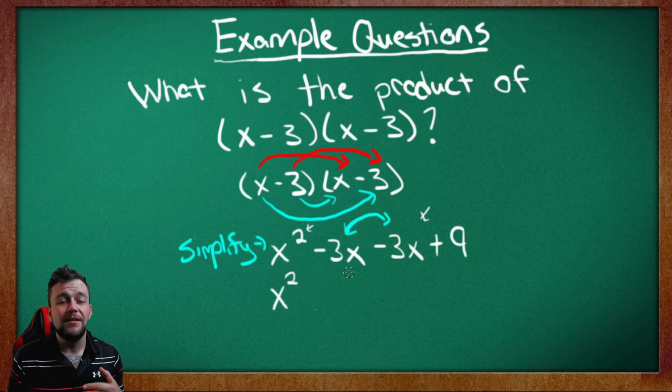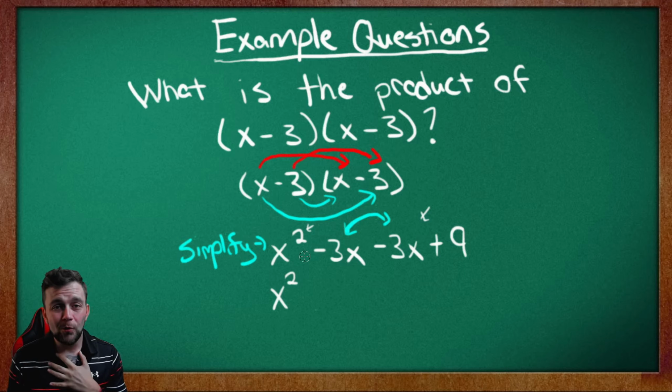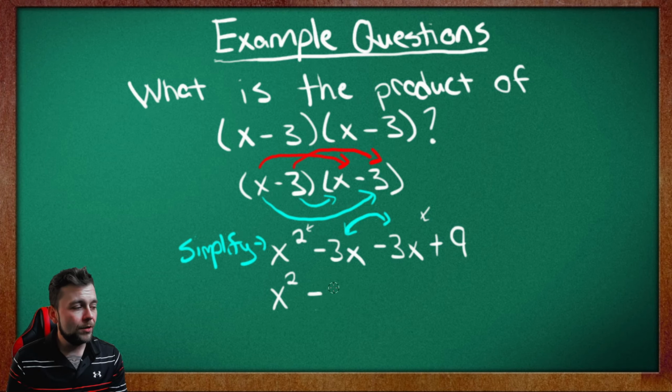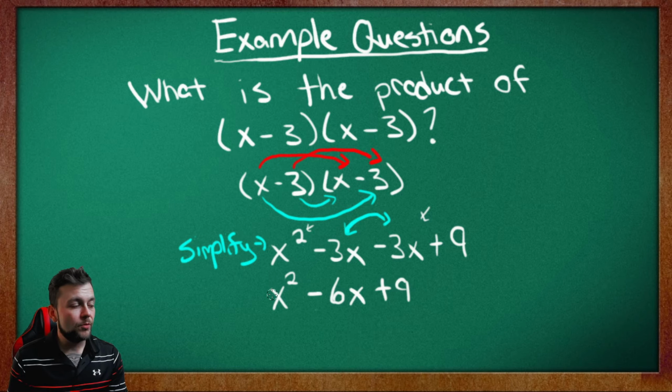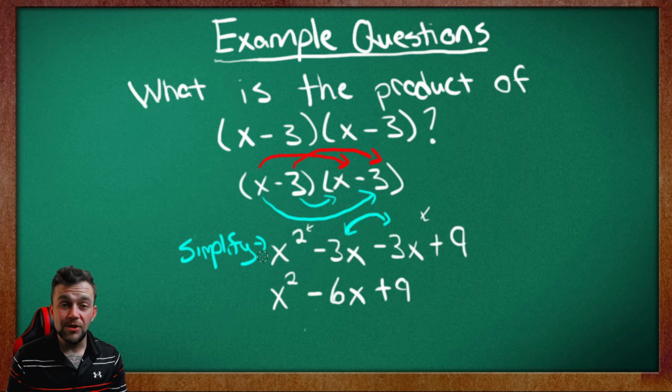Think more debt, right? If I came up to you and said, hey, you owe me $3, and you already owed one of your friends $3, you're in debt. That would mean you owe 6, so minus 6, and then plus 9. So we have x squared minus 6x plus 9. That is the product of x minus 3 times x minus 3. So this right here is your answer.